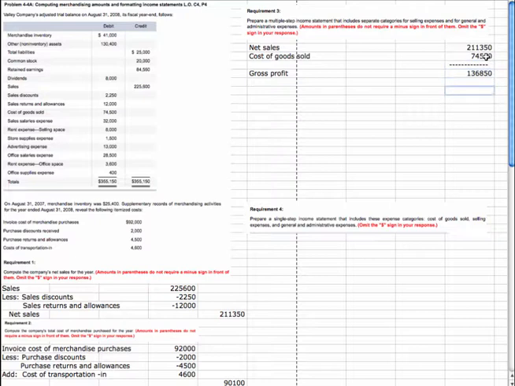minus our expenses. So let's take our expenses. We're going to say our selling expenses. So go to our trial balance and let's find all our selling expenses. Our selling expense includes salaries, and that came out to $32,000. Rent, that came out to $8,000. Notice I'm just pulling these numbers over here.